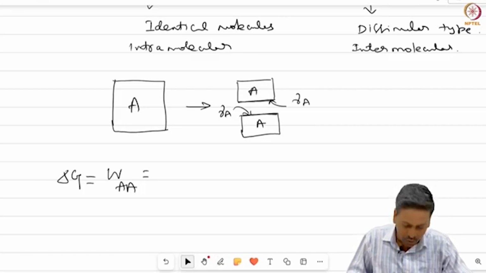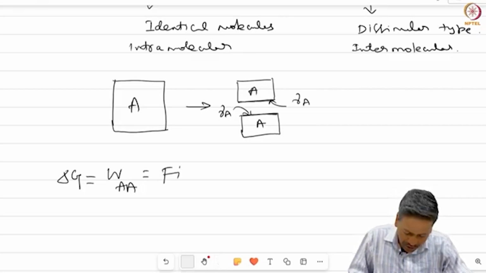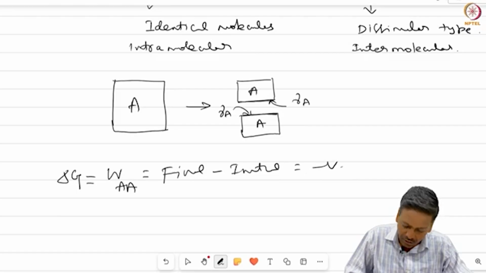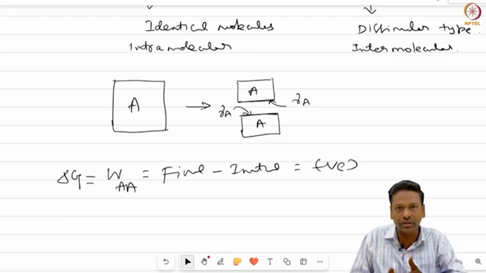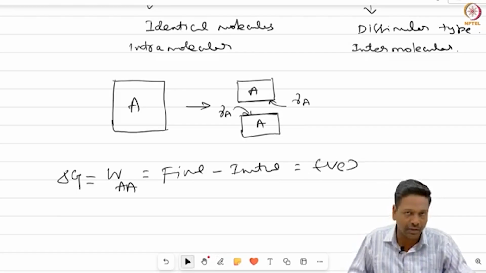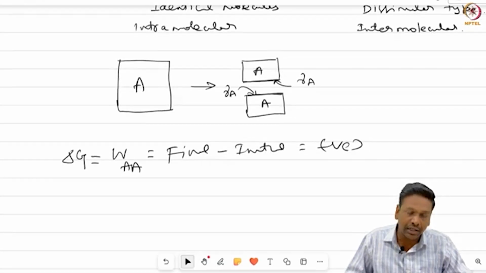In such a case, the energy at the final configuration minus the energy at the initial configuration should be negative. Only then can this process of combining happen spontaneously. Otherwise, it is very difficult; one has to pay the energy penalty.